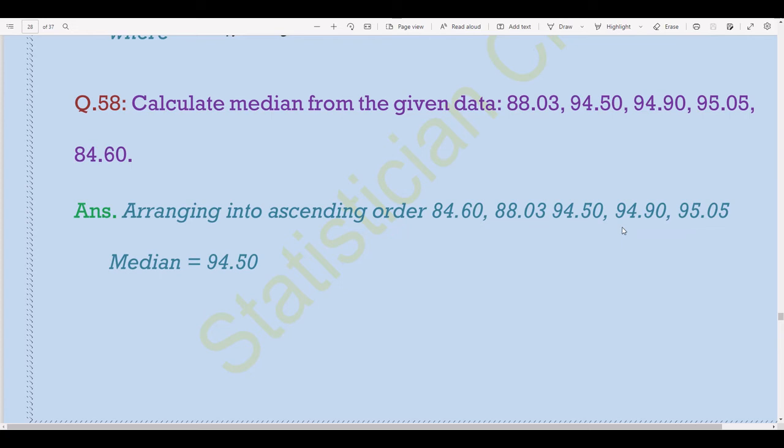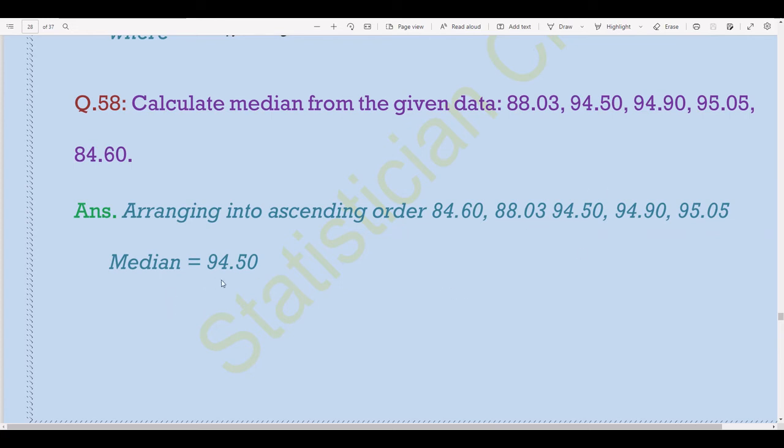Remember that this is ungrouped data. The median formula for ungrouped data is (n plus 1) by 2. So 5 plus 1 is 6, divided by 2 is 3. The third value is the median.